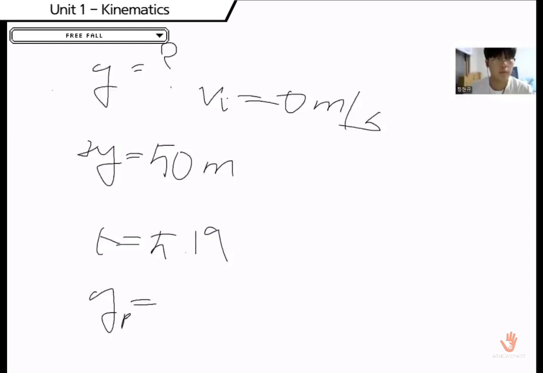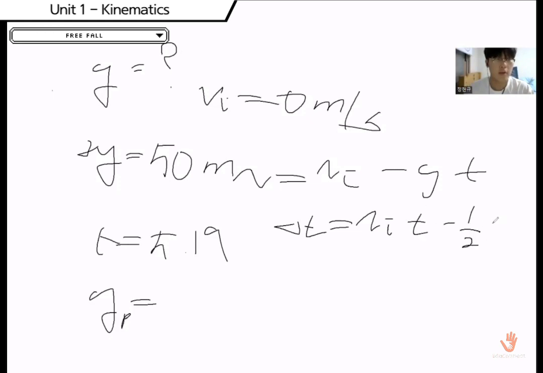Which of our free fall kinematic equations can best help us determine the gravitational acceleration g? v equals v initial minus gt, or delta y equals v initial t minus 1/2 gt squared, or v squared equals v initial squared minus 2g delta y.